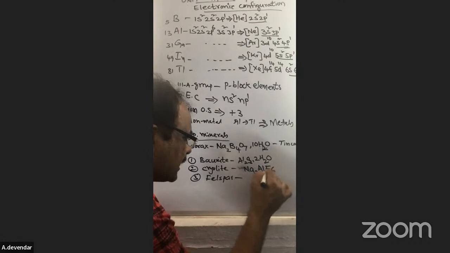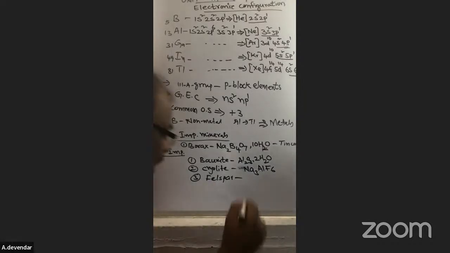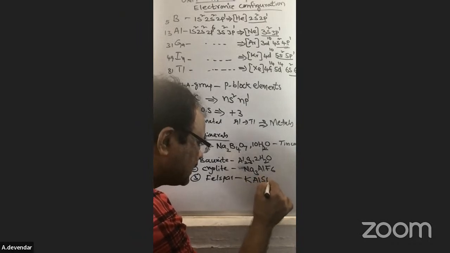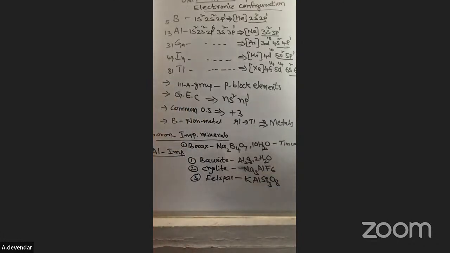Na3AlF6 is called cryolite. Feldspar is called potassium aluminum silicate, KAlSi3O8.